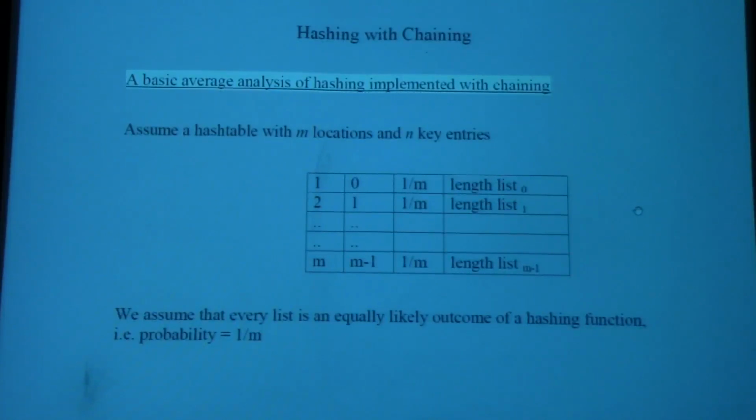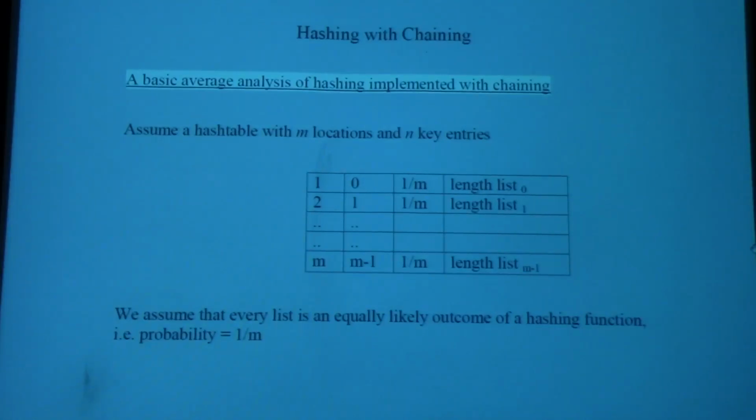So I am going to look at this small analysis. What I want to find out is the expected behavior, the average behavior of an algorithm implementing hashing with chaining. I'm going to assume that I have a hash table with m locations, 1 to m, and I have n entries, where n could be less than m, equal to m, or much greater than m, because chains can handle it.